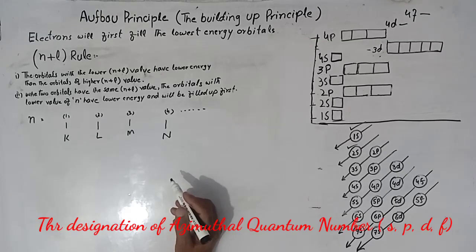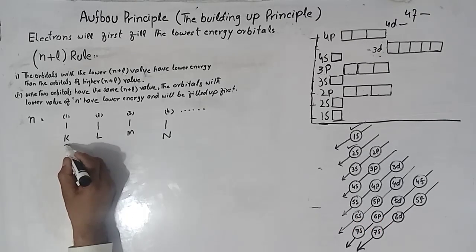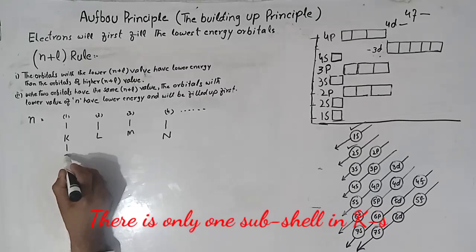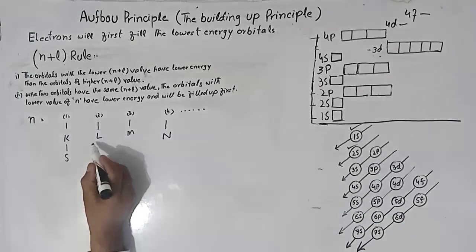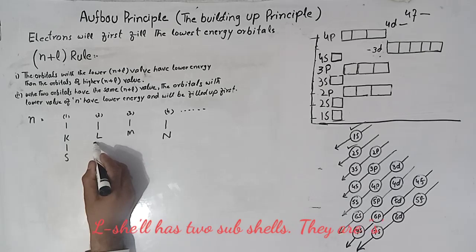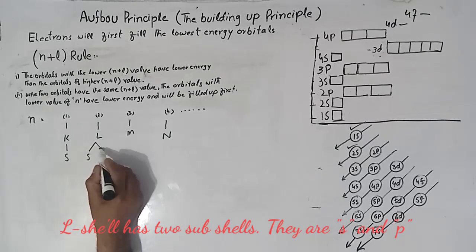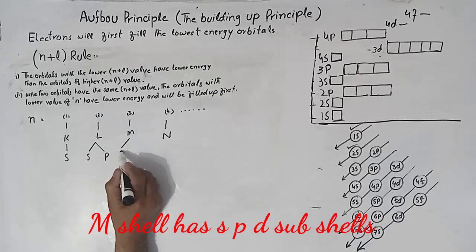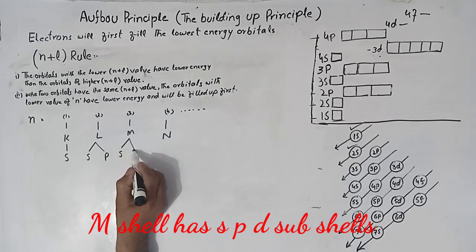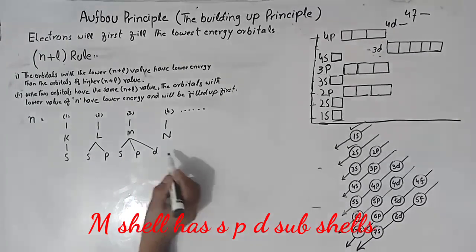Now the designation of azimuthal quantum number s, p, d, f. There is only one subshell in K. The L shell has two subshells that are s and p, while M has s, p and d subshells.